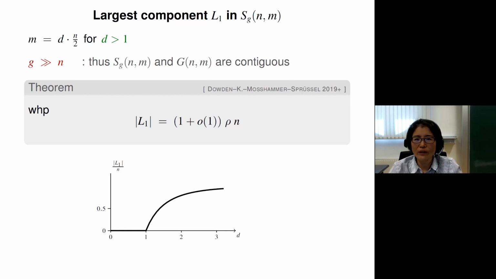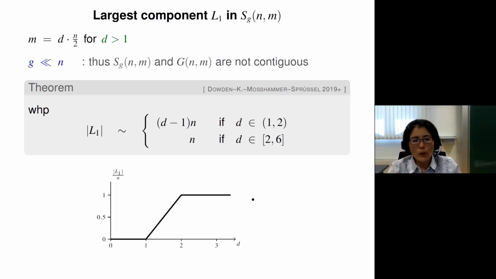This part is a corollary. You don't do anything. Now comes the hard work part. On the other hand, when the genus is much smaller than n, then we know that GNM, the random graph on the surface of given genus, and SGNM are not contiguous. Nevertheless, through thorough computation, it's indeed very hard computation and also insights, because different things play at different orders and so on.